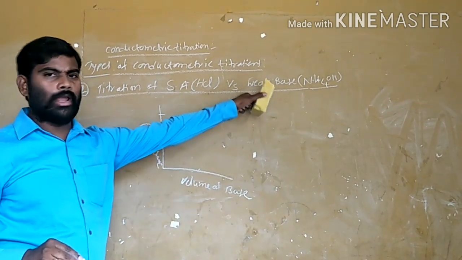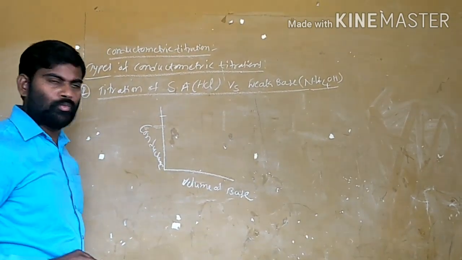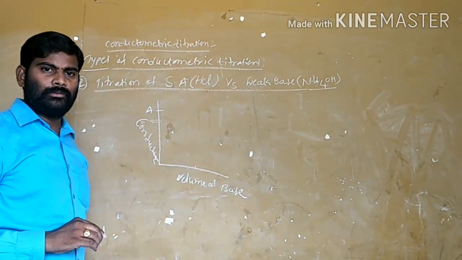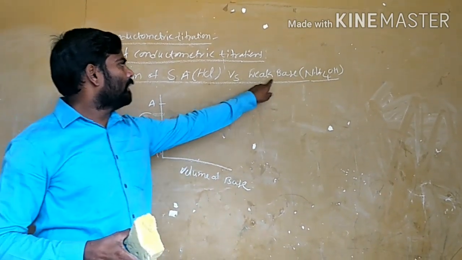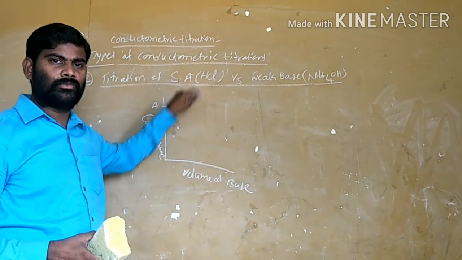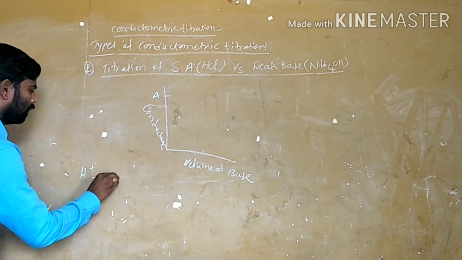Before addition of this weak base, due to strong acid, the conductance value is high, that is shown by the point A. After that, whenever we add this weak base from the burette to this strong acid, the following reaction is possible.